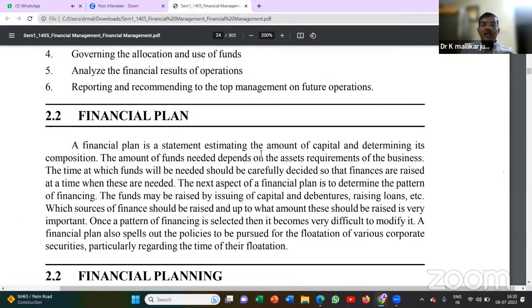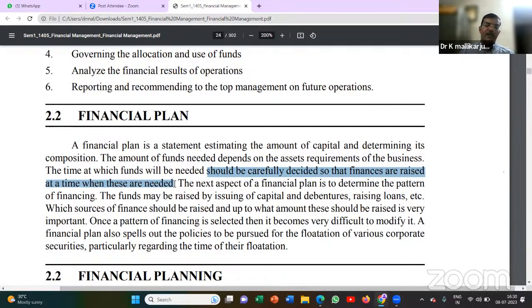The amount of funds needed depends upon the assets required by the business. The time at which the funds will be needed should be carefully decided. The finance should be raised at the time when it is needed. Based on that, you have to procure the funds. If you procure earlier, the firm has to pay dividend on equity shares, or interest on debentures or a bank loan.